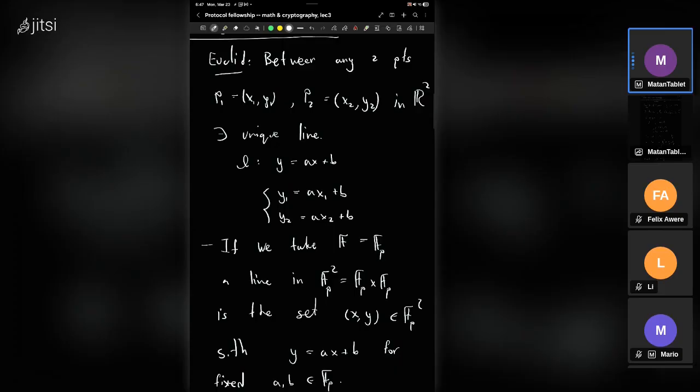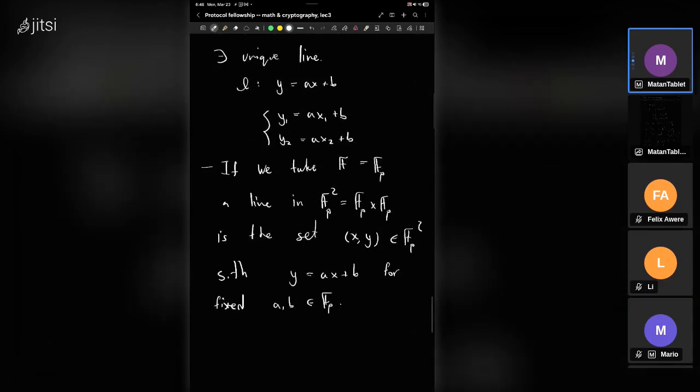So you see, if I'm able to define the notion of a line in terms of a polynomial equation, then it makes sense over any field. I don't need to have a geometric interpretation over it.